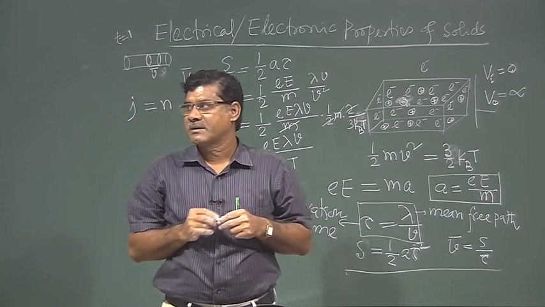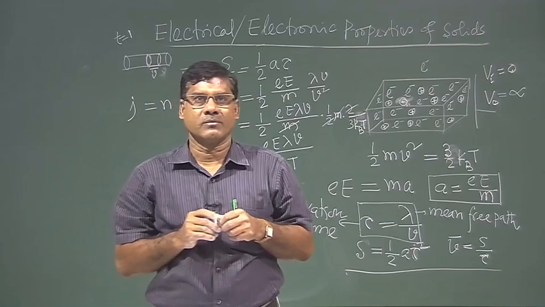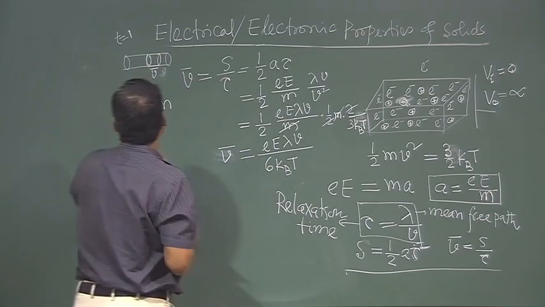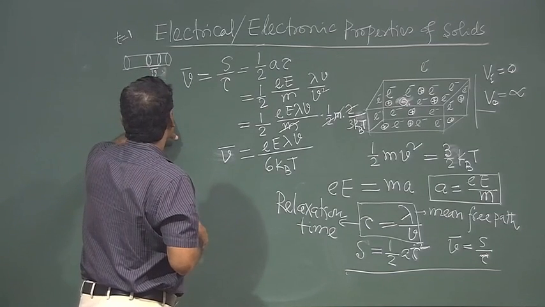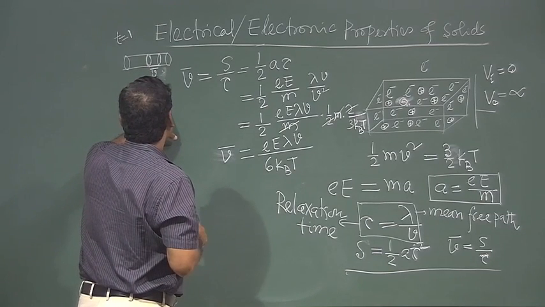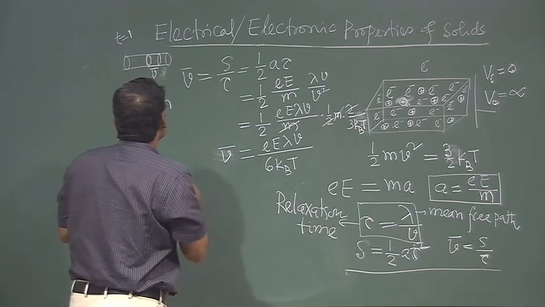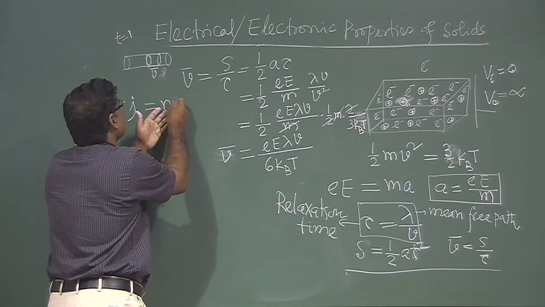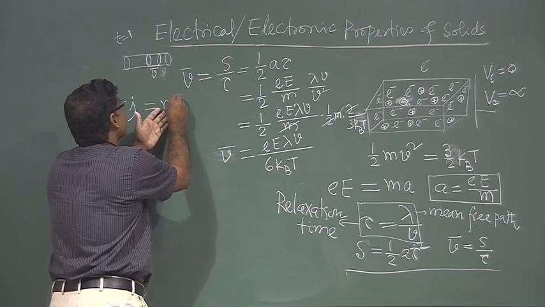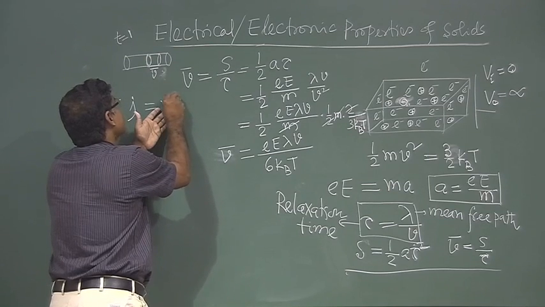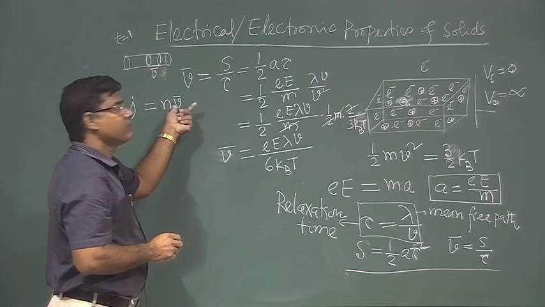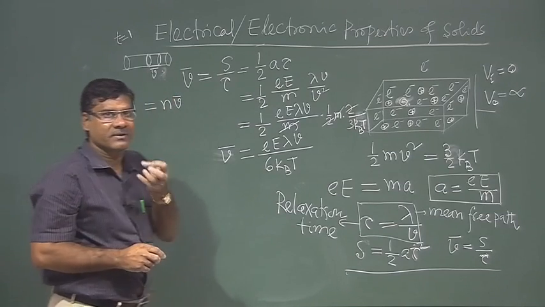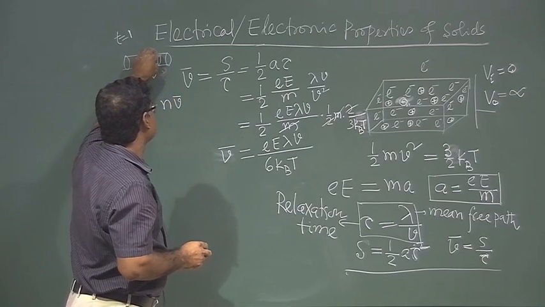So, v bar will be the volume, right, and in that volume, if the number density of electrons is n, how many electrons will be in this volume? N v bar electrons will be in this volume.